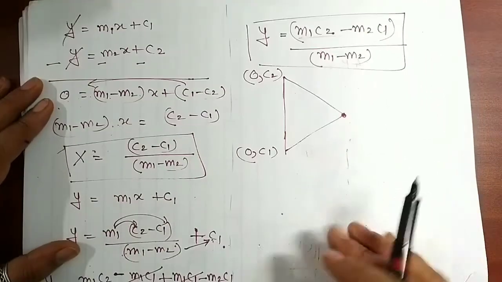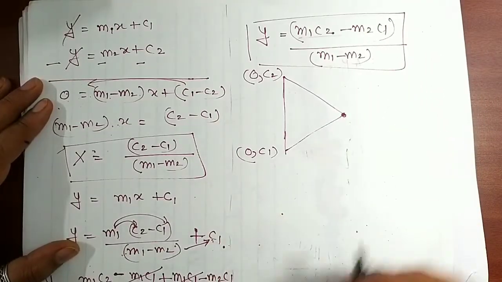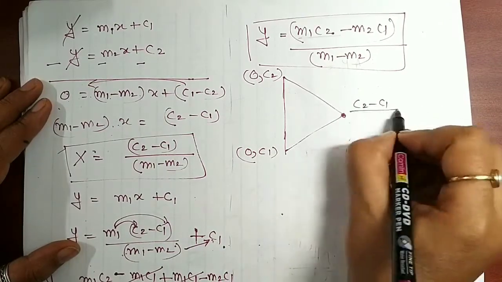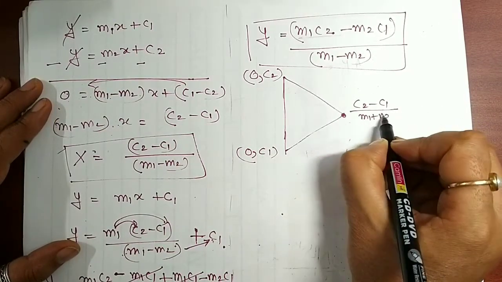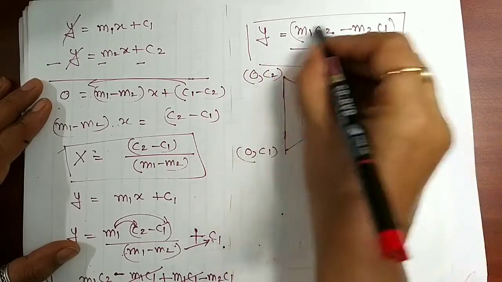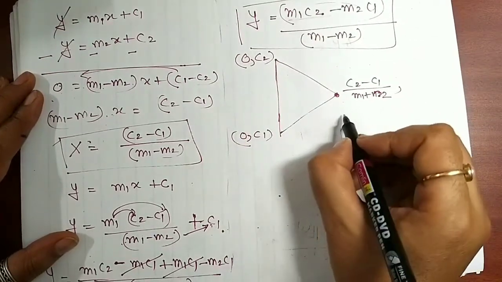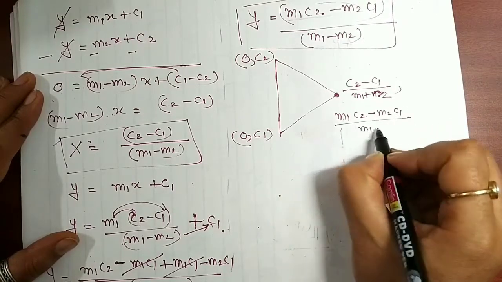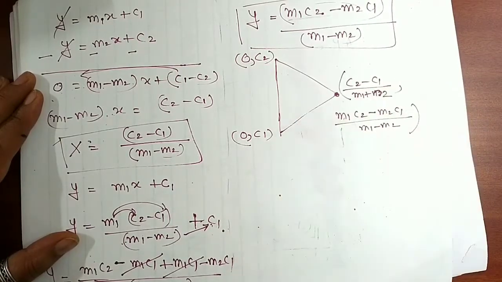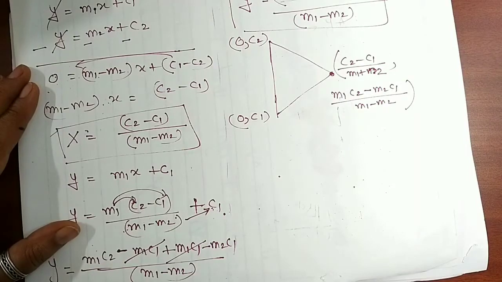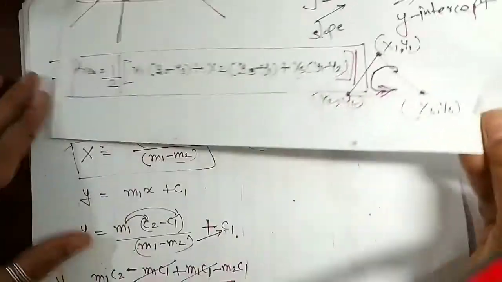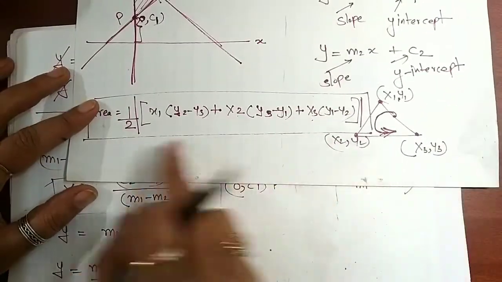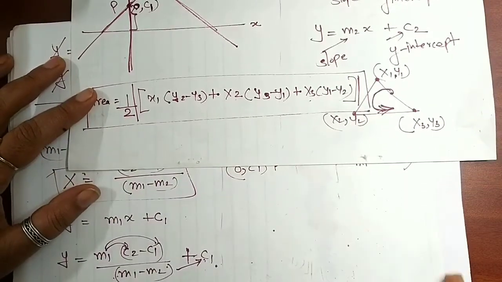Okay guys, so I will write it here. c2 minus c1 by m1 minus m2, comma, this is the y value. I am writing m1c2 minus m2c1 by m1 minus m2. Now what is the formula? In that formula, I will fit the values. I just gave you the formula.